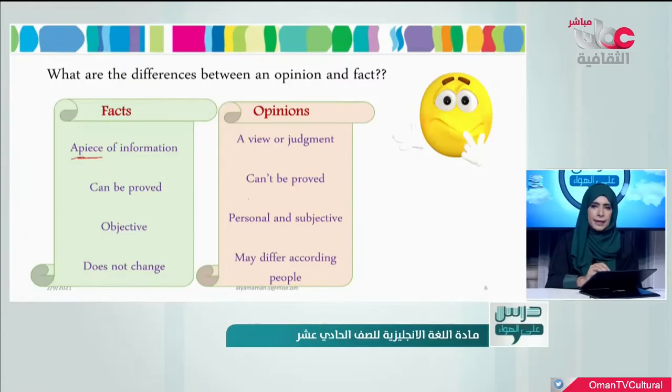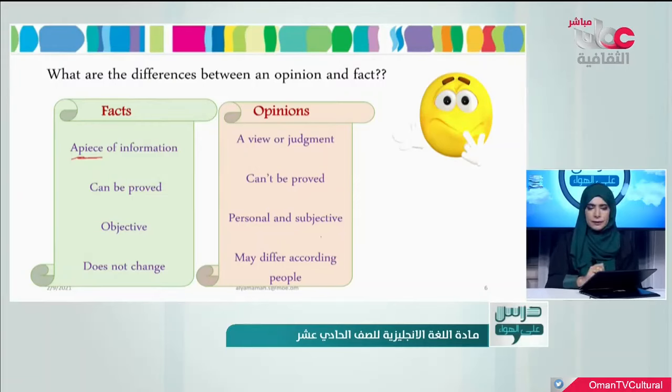It can't be proved. There are no realistic items or evidence that show that this opinion is true. Although we can agree, or have different agreements among different groups of people, it still can't be proved.